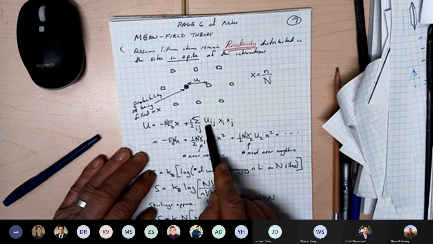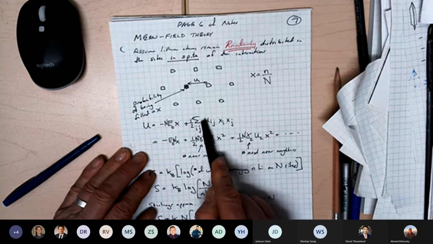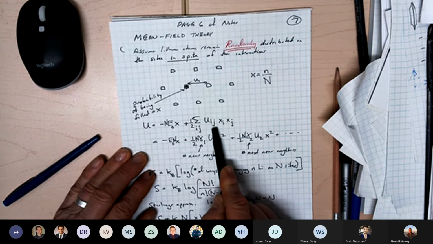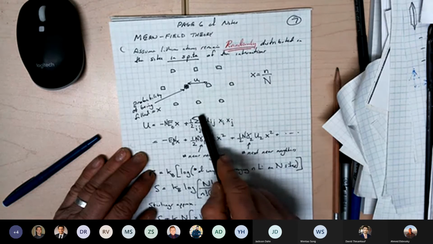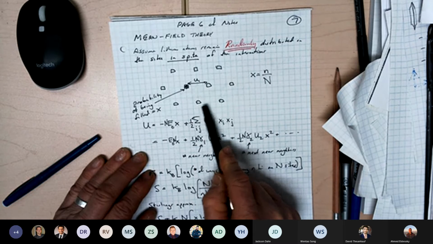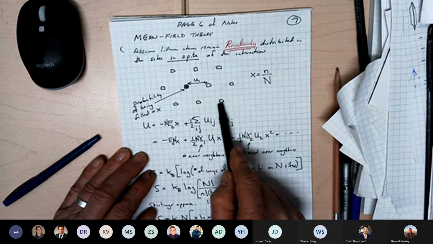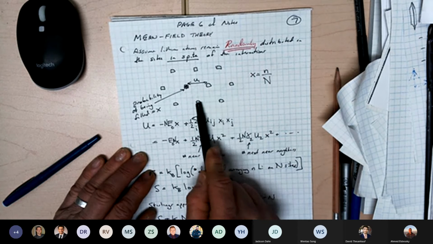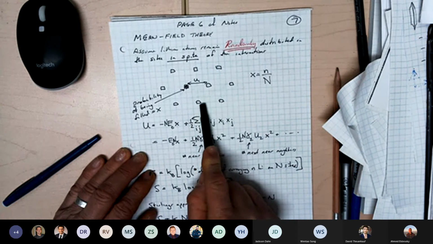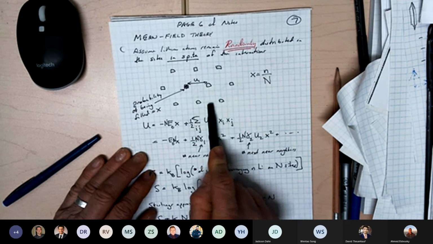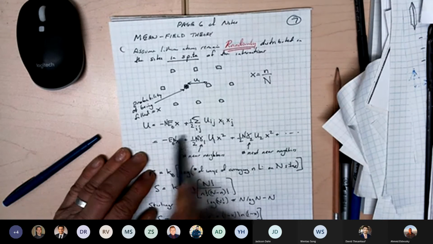So if we look at site I and site J, we have to worry about the interaction between sites I and J. As we go through this lattice, we start with this and examine all the other sites, look for their interactions. Then we move to the next site, examine all the other sites and the interactions. We'll count the interaction between these two sites again. So when we have this site as our focus site, we'll count that interaction. When we have this site as our focus site, we'll count that interaction again. So there's a factor of a half out in front here.